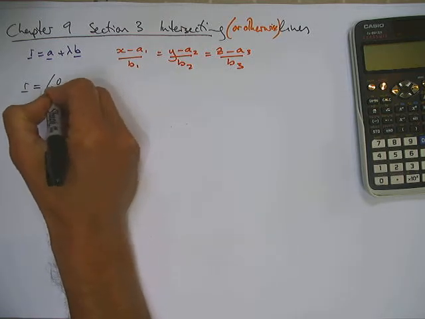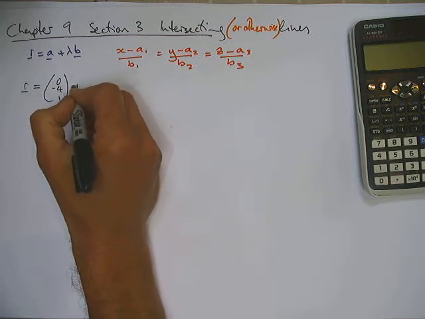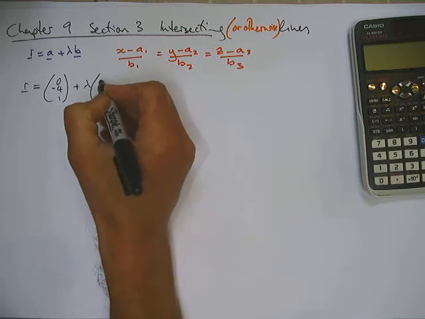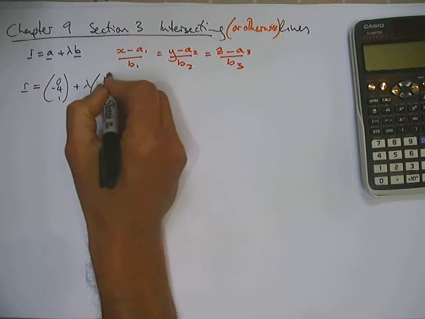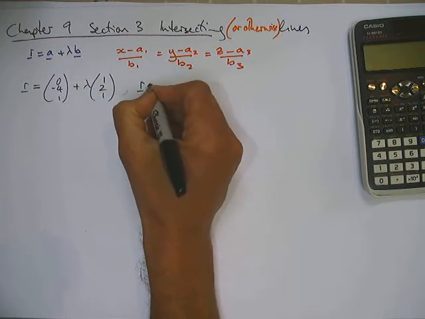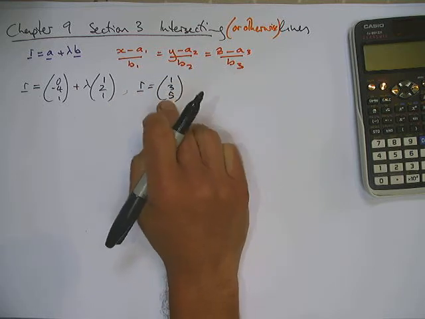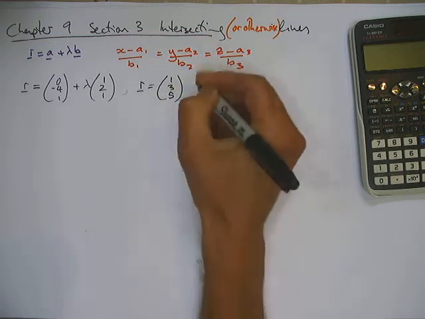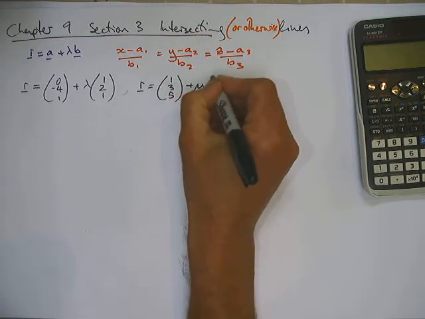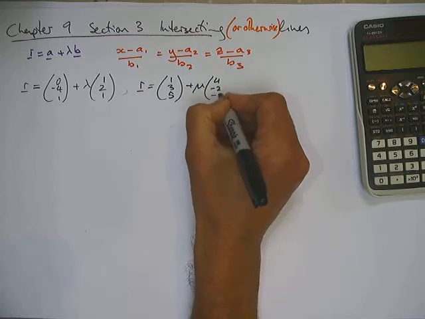They've used 0, minus 4, 1, so that's a point on the first line, and a scalar multiple of 1, 2, 1, which is the direction. The equation of the second line is 1, 3, 5, that's a point on the line, and a scalar multiple of 4, minus 2, 2, that's the direction.